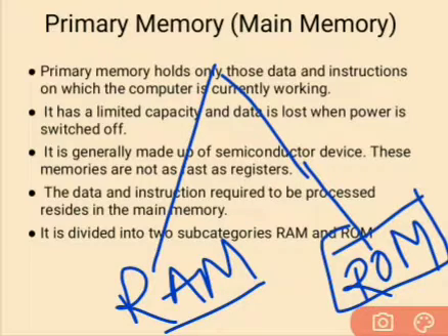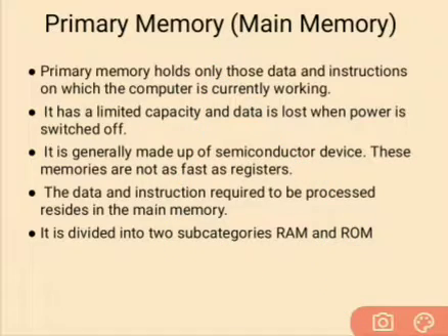So these two are the main memory. The primary memory holds only those data and instructions on which the computer is currently working. It has limited capacity and data is lost when the power is switched off. It is generally made up of semiconductor devices.